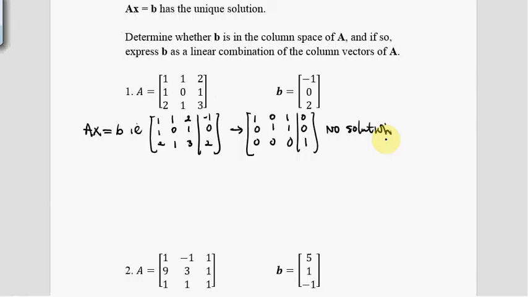That is tantamount to AX equal to B having no solution. Well, there's no solution, right? So if there's no solution, then obviously B cannot be expressed as a linear combination of the vectors of A.